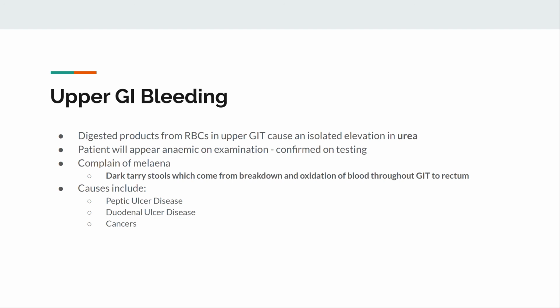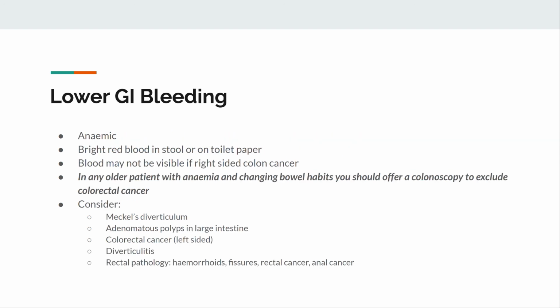Upper GI bleeding is technically anywhere from, I believe, the mouth to the ligament of Treitz, which is just after the duodenum where the jejunum begins. Lower GI bleeding is basically from the jejunum to the anus. Again, you'll be anemic because you're bleeding.